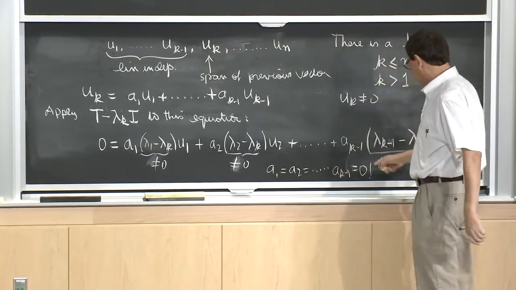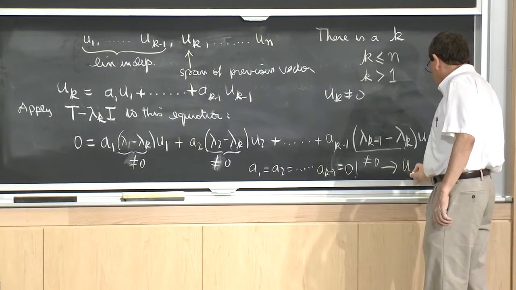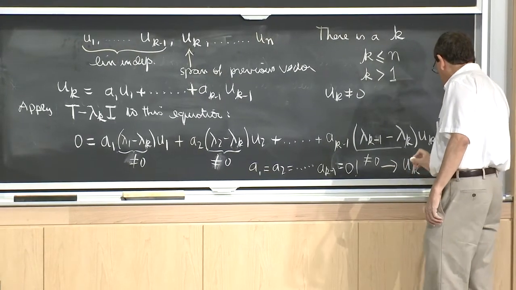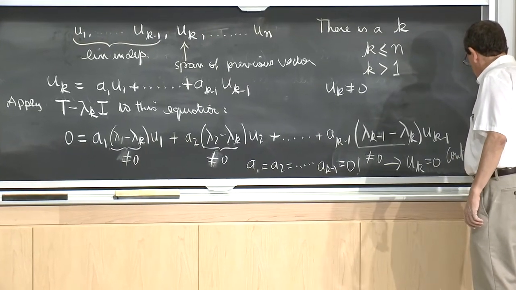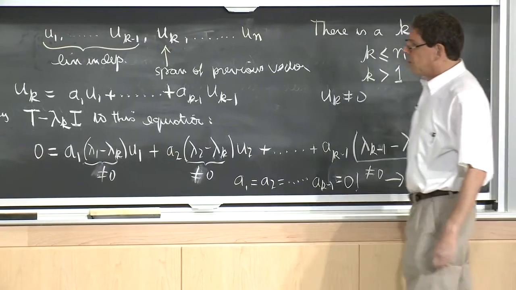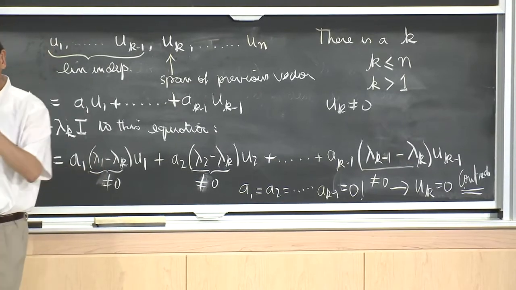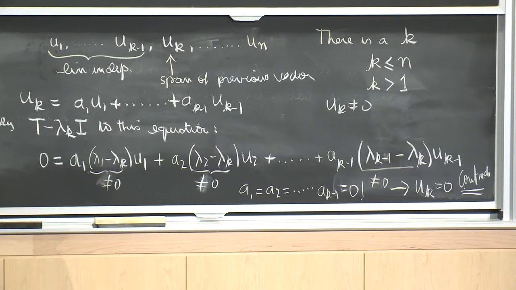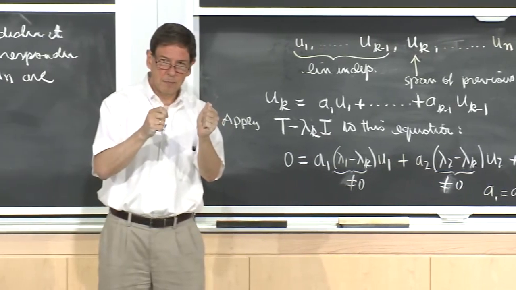So all the a's equal 0 implies uk equals 0, and this is a contradiction. And we've proven, therefore, this important theorem that associated to different eigenvalues, we have linearly independent eigenvectors.